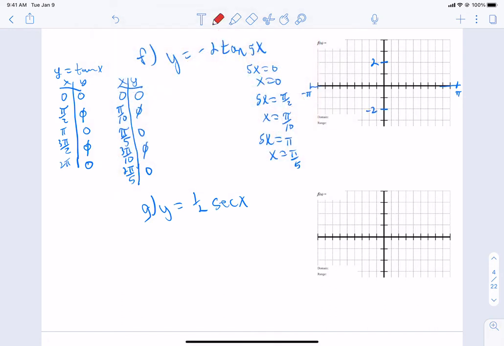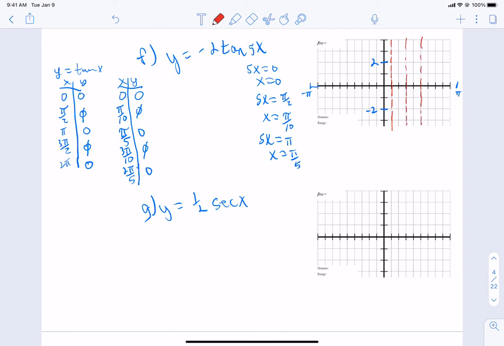Okay, so first always put on your asymptotes. So there's an asymptote at 1/10 and at 3/10. So 1/10, 3/10. So there would be one at 5/10. Wait a second, that's not 3/10. 1, 2, 3, there's 3. 4, 5, there's 5.